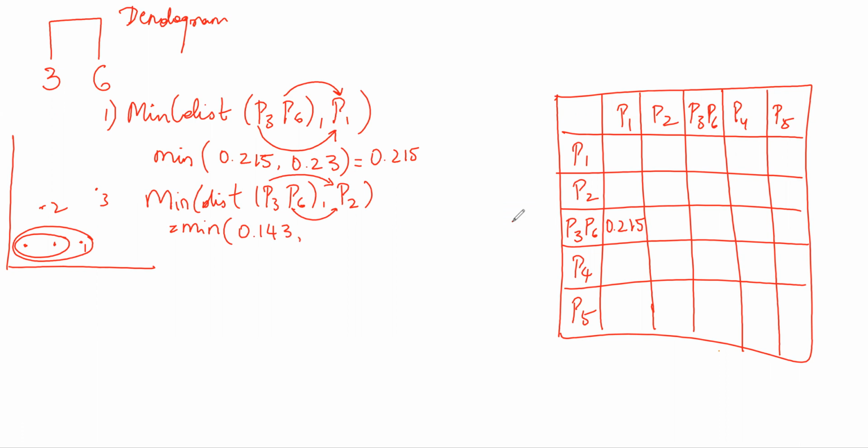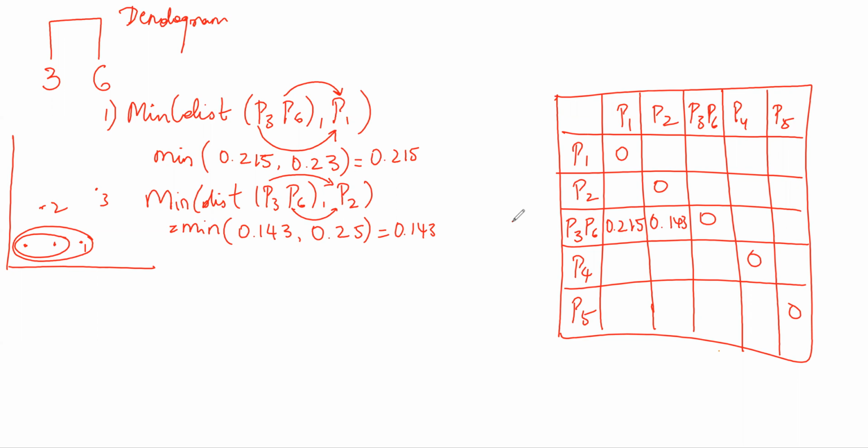And from P6 to P2? 0.25. Which is lesser? 0.143. So I'll write 0.143. All the diagonal elements are 0, so we'll keep them like that.